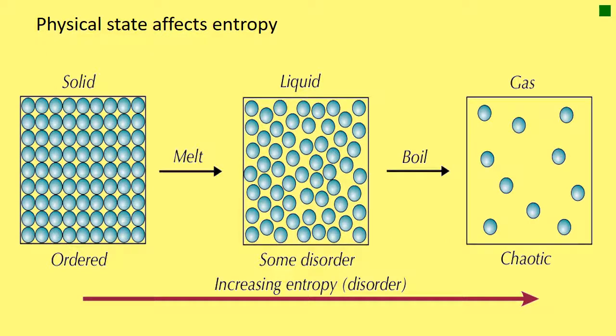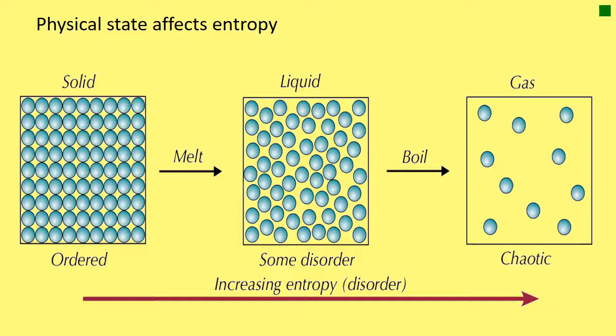So here we've got a diagram that explains how its physical state affects entropy. You can see that in a solid, the particles are very ordered and they don't move around much. They just move around a fixed point if they've got heat energy. But when they melt, the particles, although they stay quite close together, move around a lot more and they're not fixed in one position.